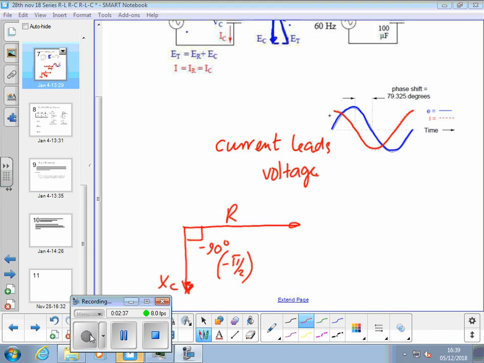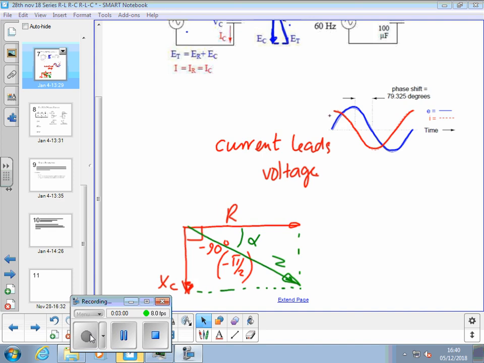And then the resultant Z comes in there, at an angle alpha in this case.